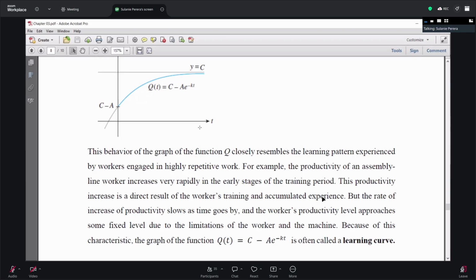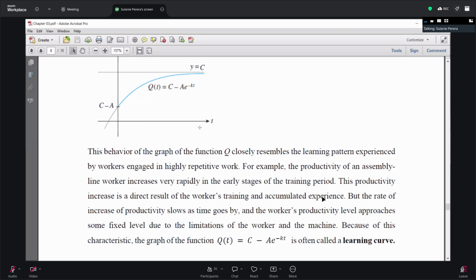For example, the productivity of an assembly line worker increases very rapidly at the early stages. At the beginning, productivity increases very rapidly with training.